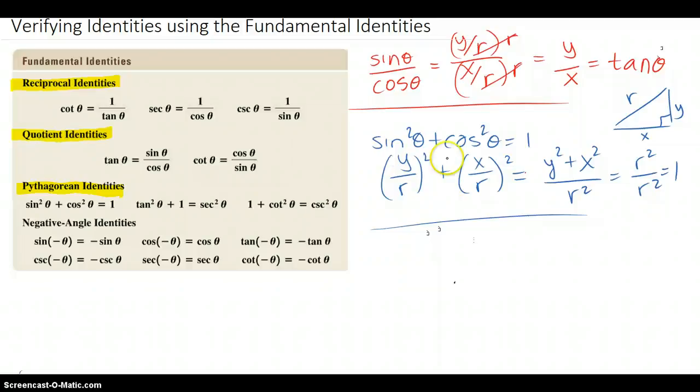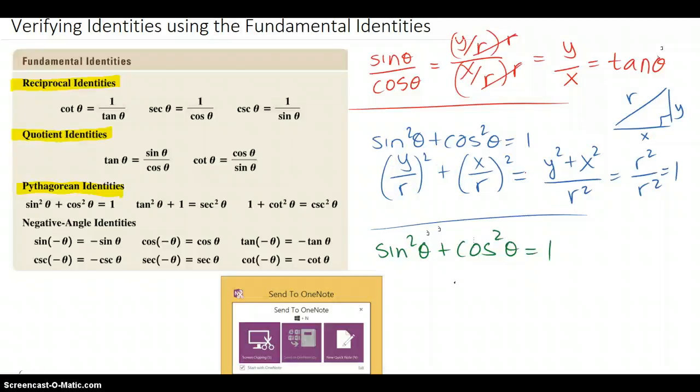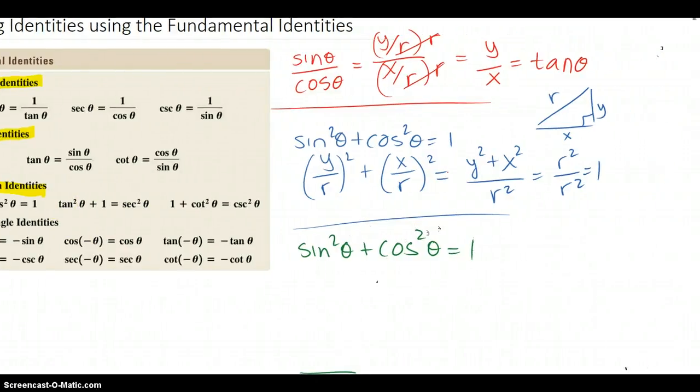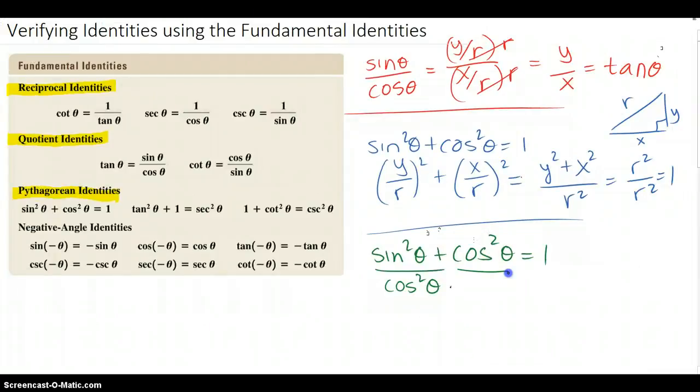What I'm going to do is start with sine squared of theta plus cosine squared of theta equals 1. To get the second one, you divide every single term by cosine squared.